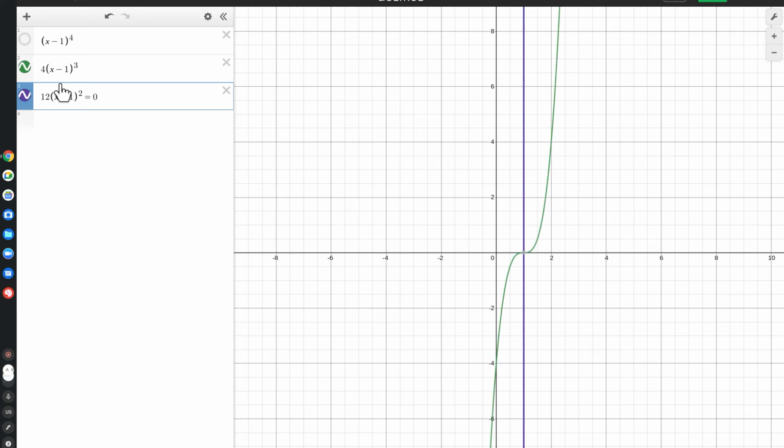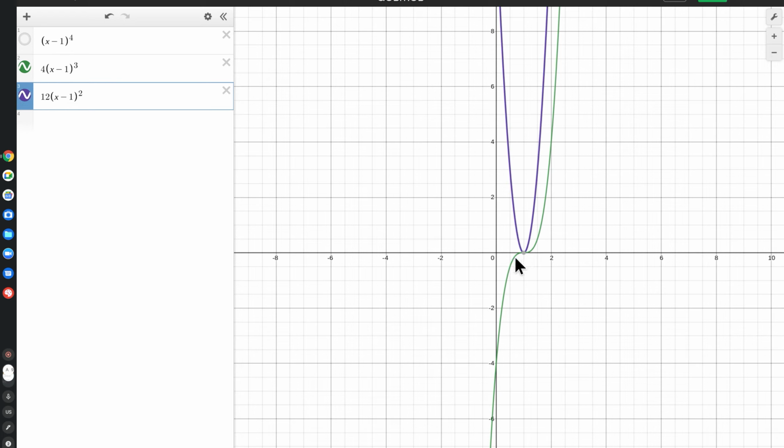Now our problem is that once again we have a function where its critical point, where the first derivative equals 0, is also where its second derivative also equals 0. So we're going to have to solve again.